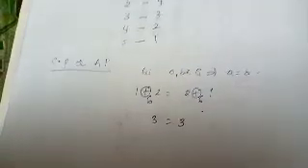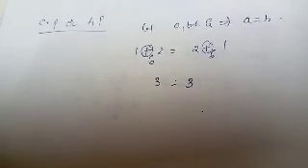So a plus b equals b plus a. This is the abelian, or commutative, property.